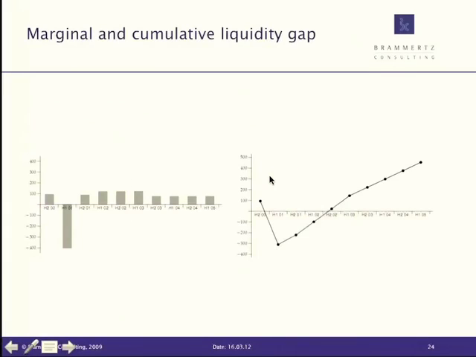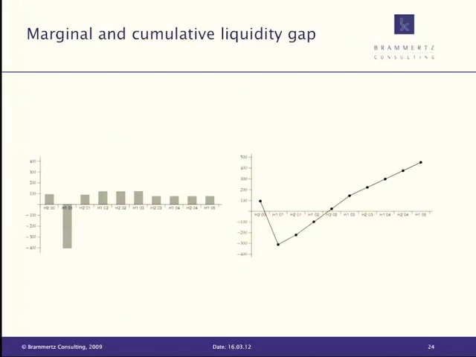And what you get is something like this. This is what the treasurer is really looking at. Here we have half-yearly buckets. The treasurer, of course, would go in much narrower bands. He would go in daily buckets for 30 days. So he knows from the existing business, every day, what he expects as inflow and outflow.